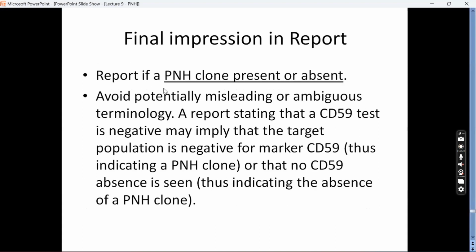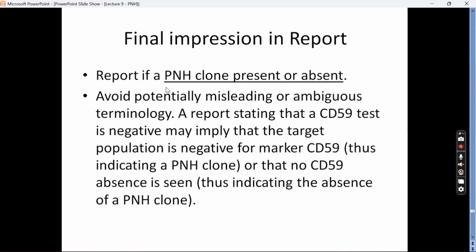So the final impression in the report should be PNH clone present or absent. You should not use potentially misleading words, like a report stating that the CD59 test is negative, which may imply that the target population is negative for marker CD59. So you should not use ambiguous terms like negative, positive.